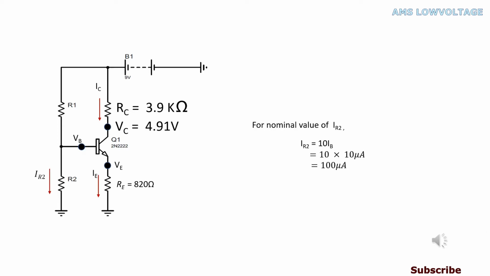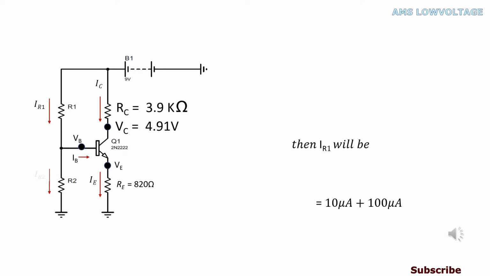For a nominal value of IR2, IR2 equals 10 IB, and we obtain IR2 equal to 100 microampere. If IR2 equals 10 times IB, then IR1 equals IB plus IR2. And after putting the values and calculations, we've got IR1 equal to 110 microampere.